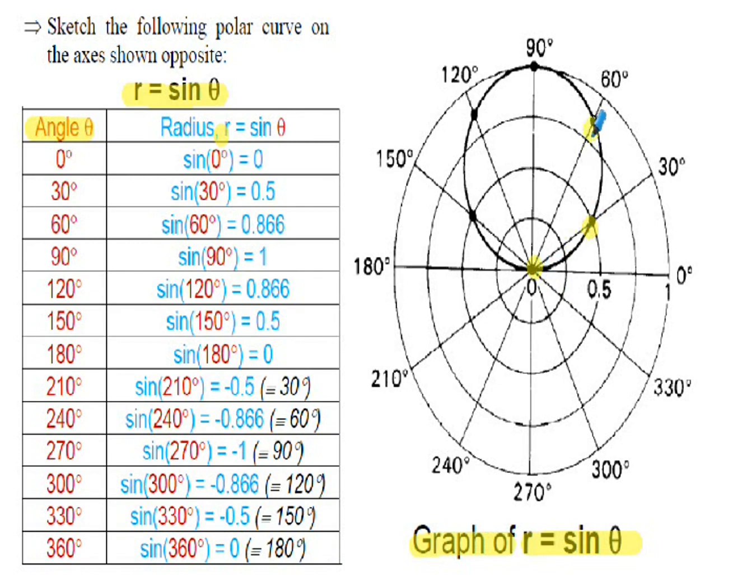If you plot all the points, you will get the circle for the first 180 degrees, and if you plot from 180 degrees through to 360 degrees, you actually retrace your steps because these are negative radii. Let's take an illustration of that. If you take the point at 210 degrees, it has a value of minus 0.5 for the radius. So 0.5 at 210 on our scale would be here.